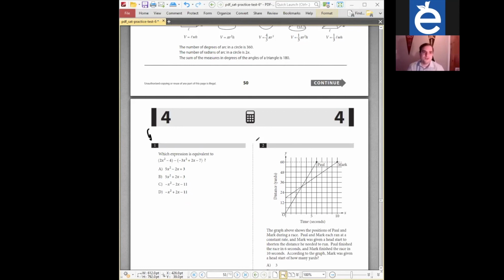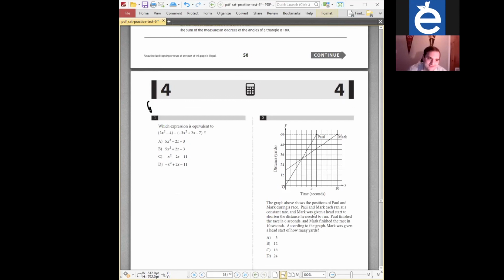All right, question number 1, just polynomial subtraction. Here is the trick. What you need to do is combine like terms, but the only way you guys ever get this wrong is, do you see how the minus is there outside of the brackets?